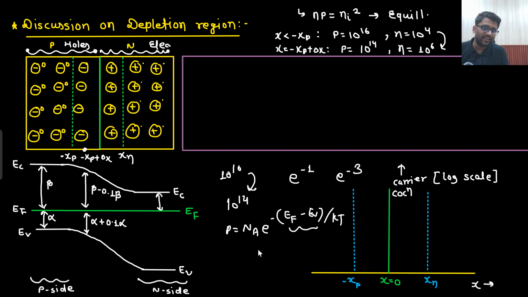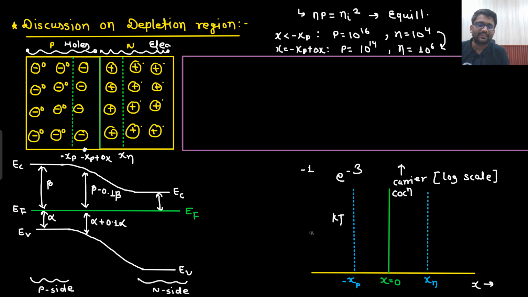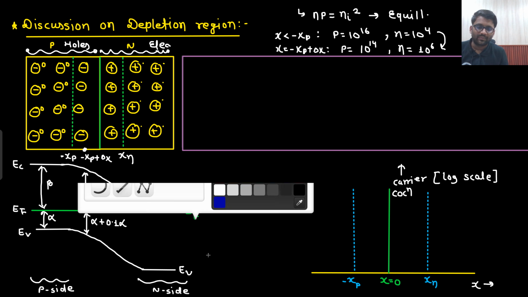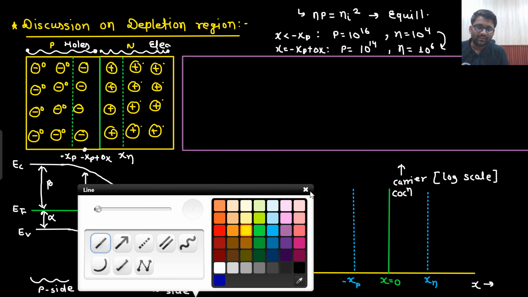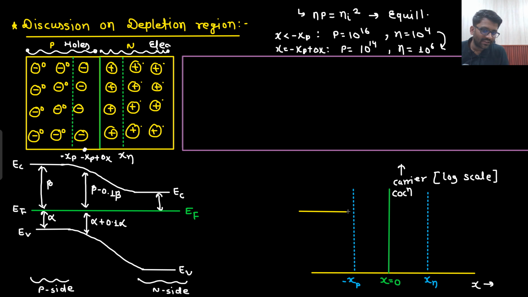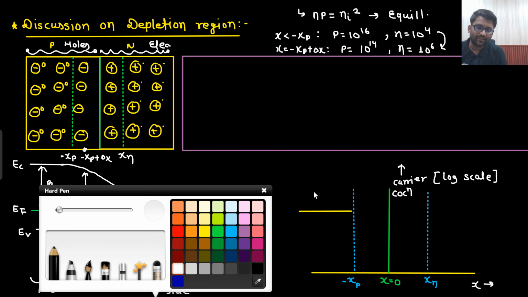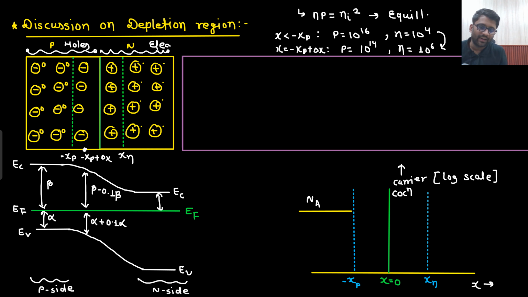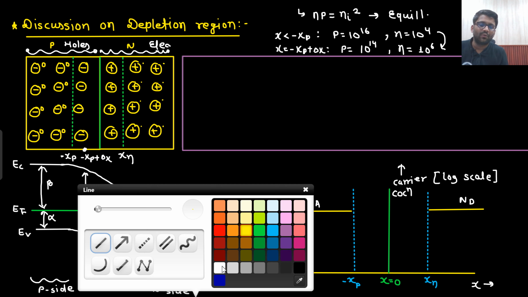So ln scale you can say. In ln scale it would look linear. Basically the graph would look something like this. Sir, on this side this many holes I was having, and on this side this many electrons I was having. As I move ahead, the concentration of holes will go down.